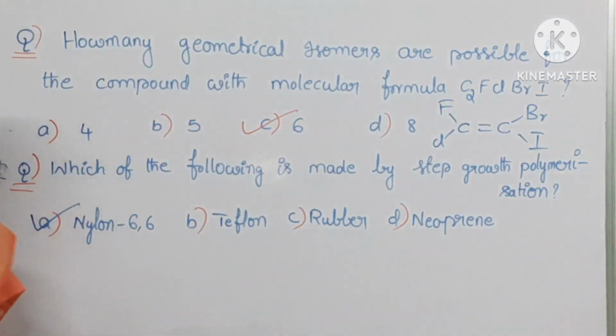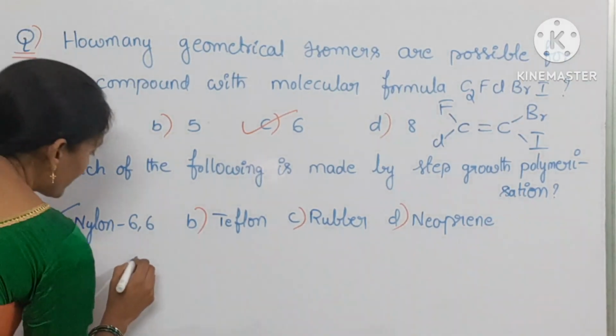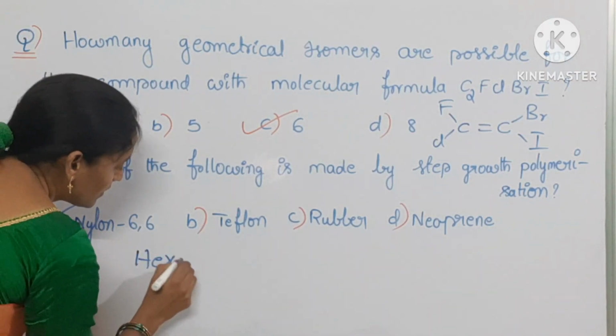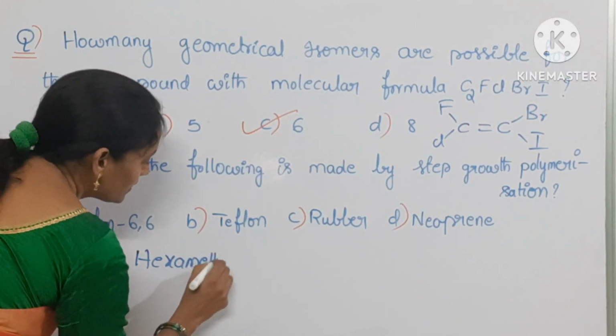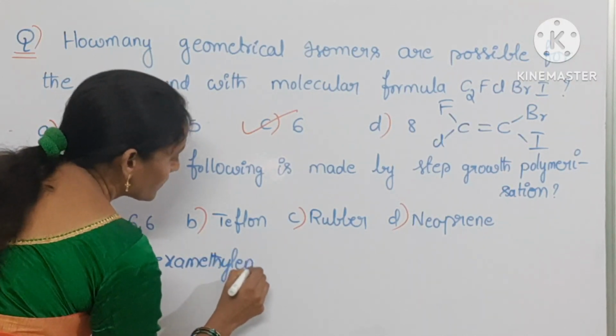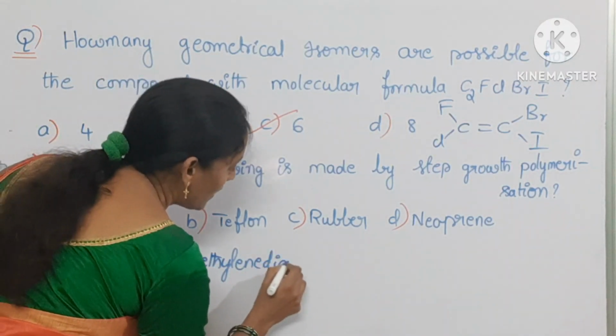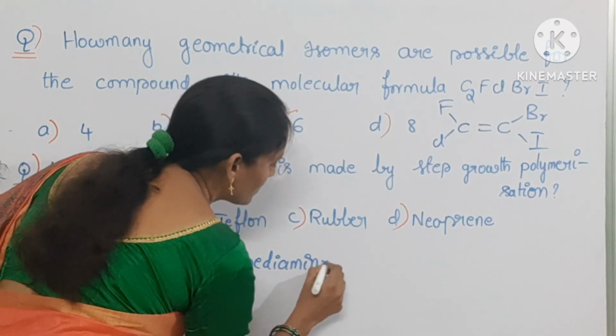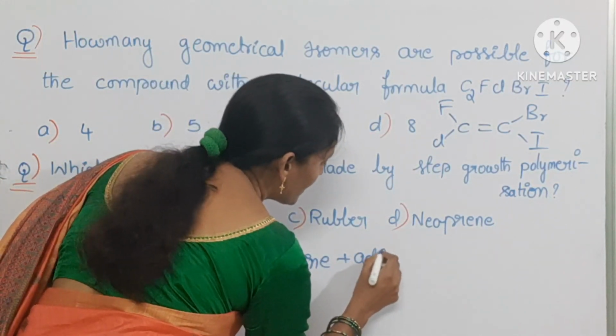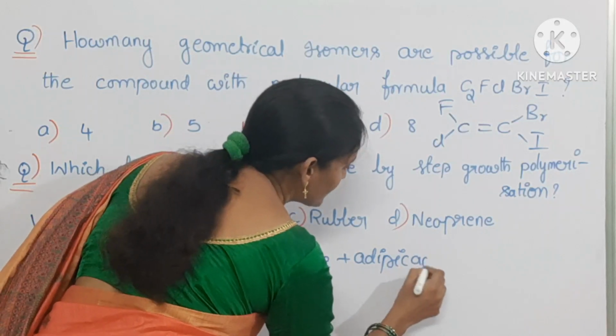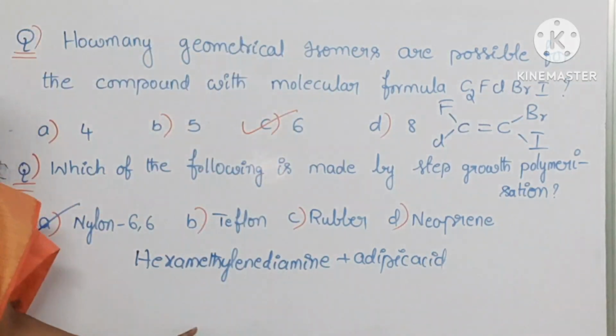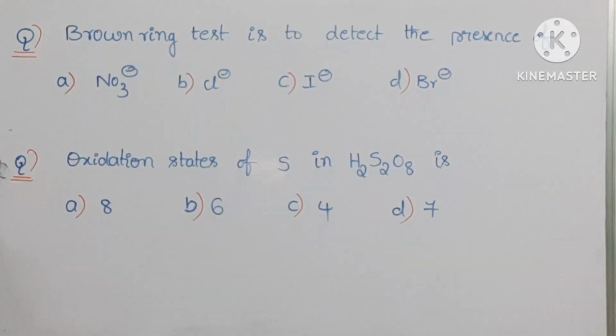Here, mainly hexamethylene diamine and adipic acid are the two monomers for the polymerization of nylon 6,6.